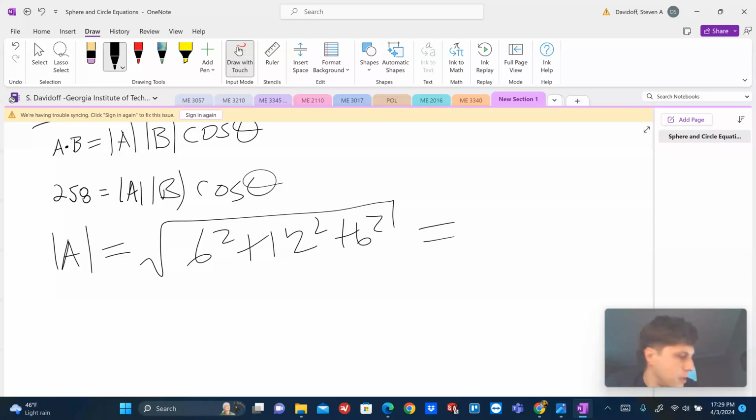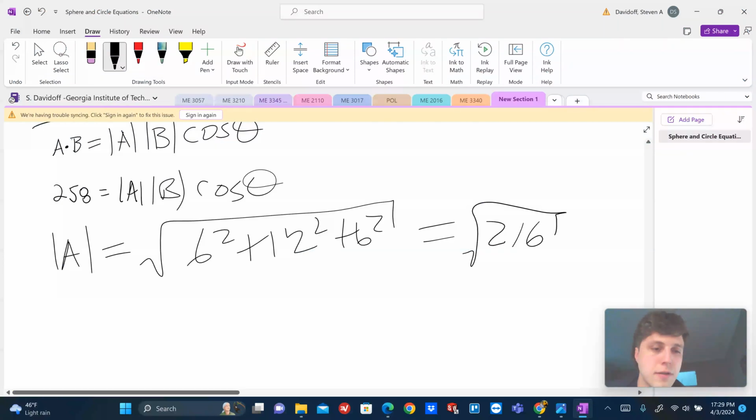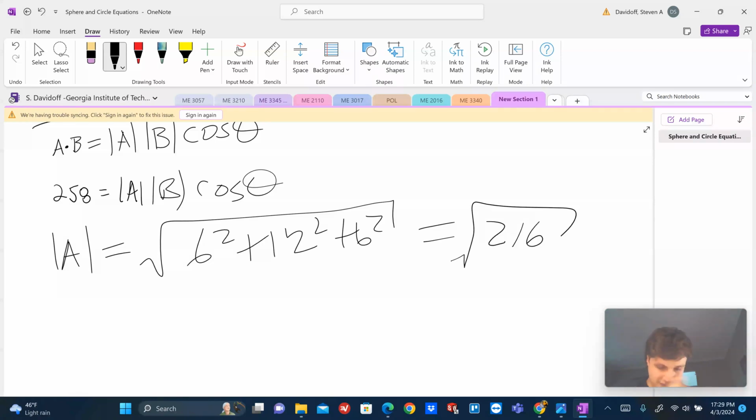That's going to give me, I just lost the numbers. 144, sorry, 216. Can't always do the simple operations, but it's okay. So the square root of 216 is 14.7.